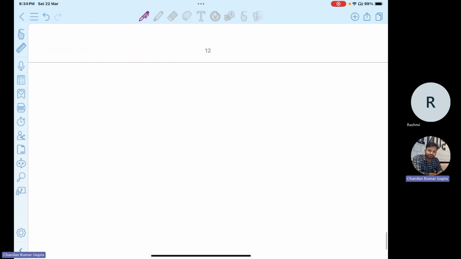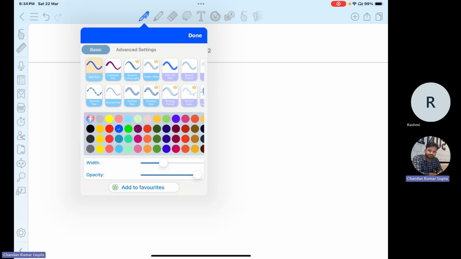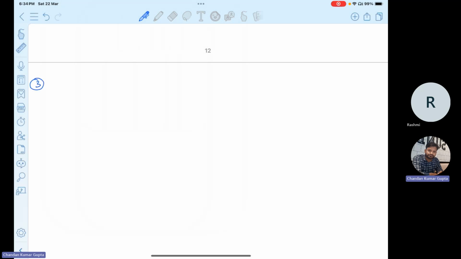We also have a third point, the measure of skewness. What is skewness?